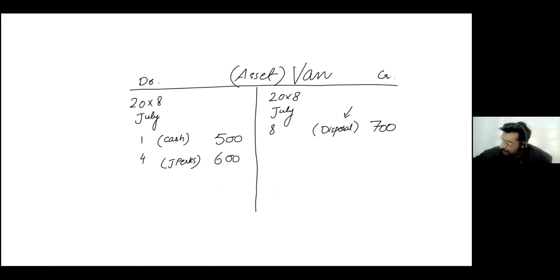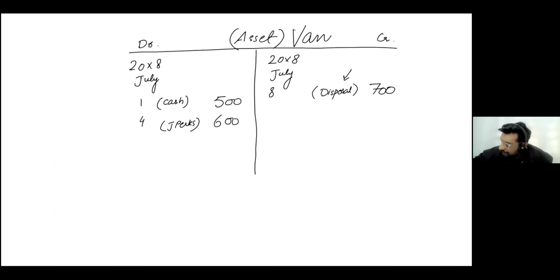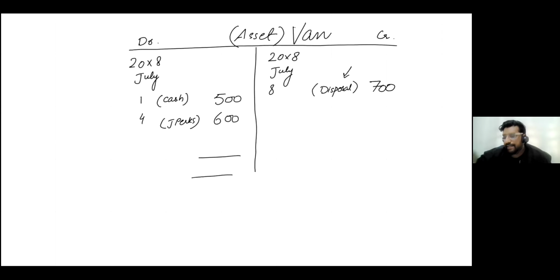At the end, we add both sides and see which side is bigger. When we add this side, the total is 1100 and this side is only 700. So we are going to write the bigger side on both sides, 1100.